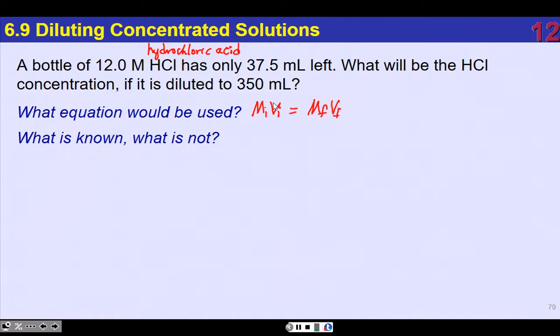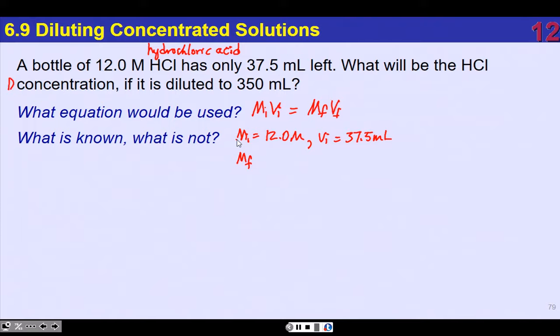And so what do we know of these variables in that equation, and which one are we going to look for? So the initial concentration, M sub I, is going to be 12 molar. The volume that we have of that initial solution is known. So that's the initial volume. It's 37.5 milliliters. And this time I'm not going to change it to liters, and I'll show you that will be okay. The final molarity is what we're looking for.